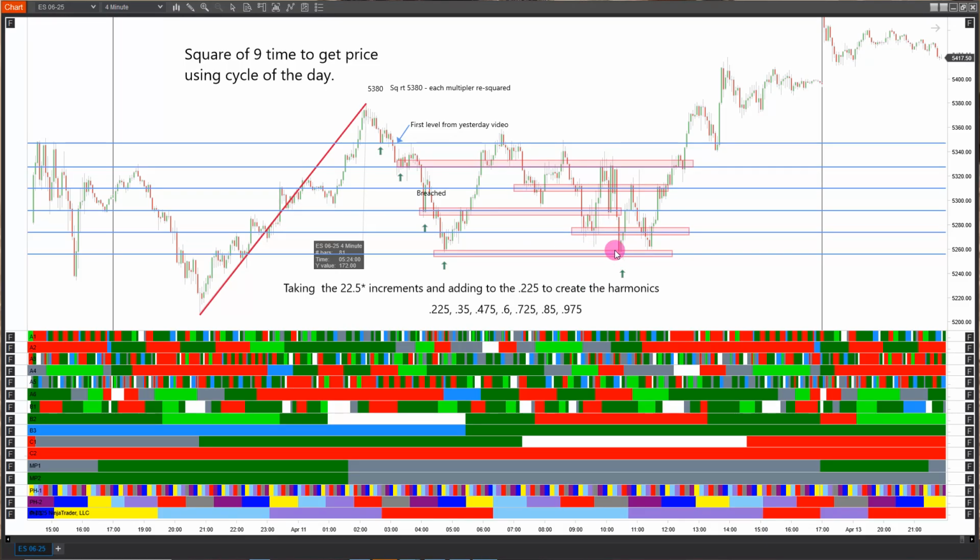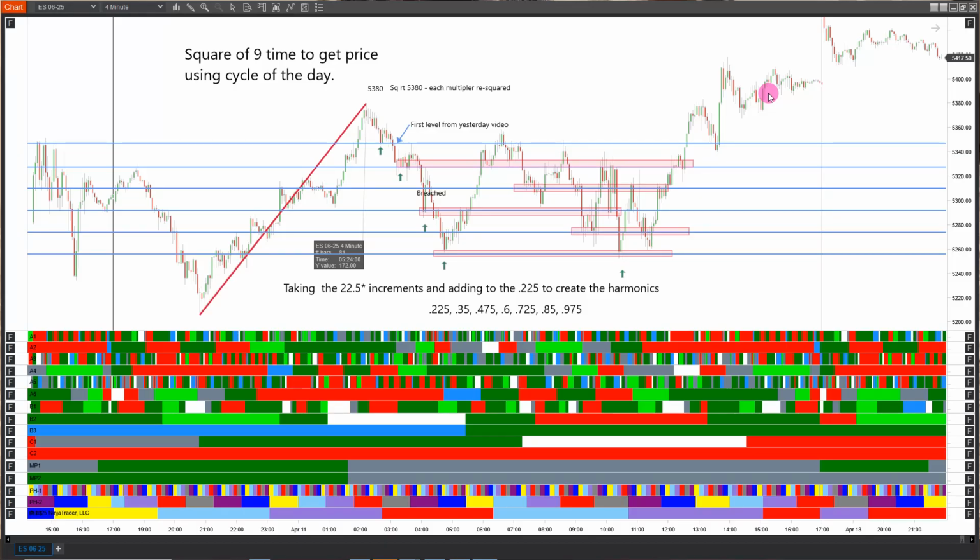And then this bottom level here was hit twice again in the future before we got into the bigger bull move. Anyhow, just want to show that that's a little twist and a little tweak, and that's how you can use the square of 9 on a smaller intraday frame.